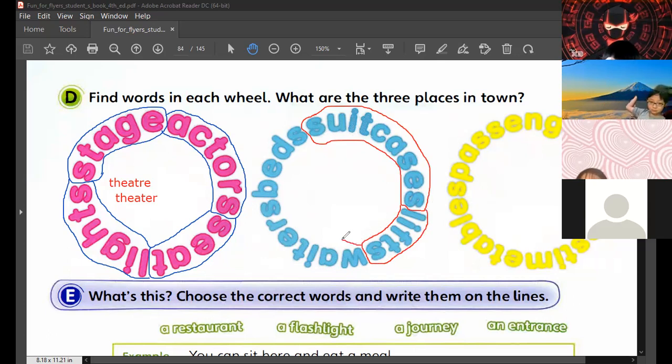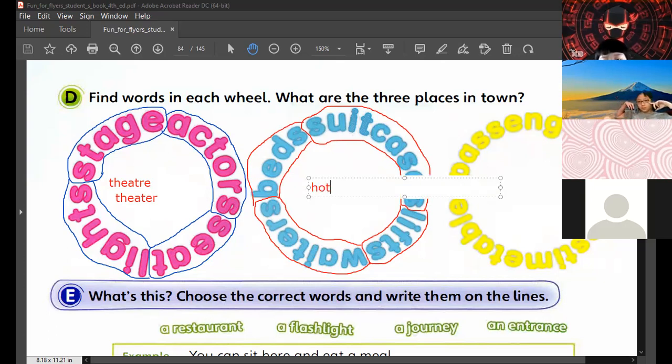Third word, waiters. And the fourth word, beds. What is the place? Hotel.